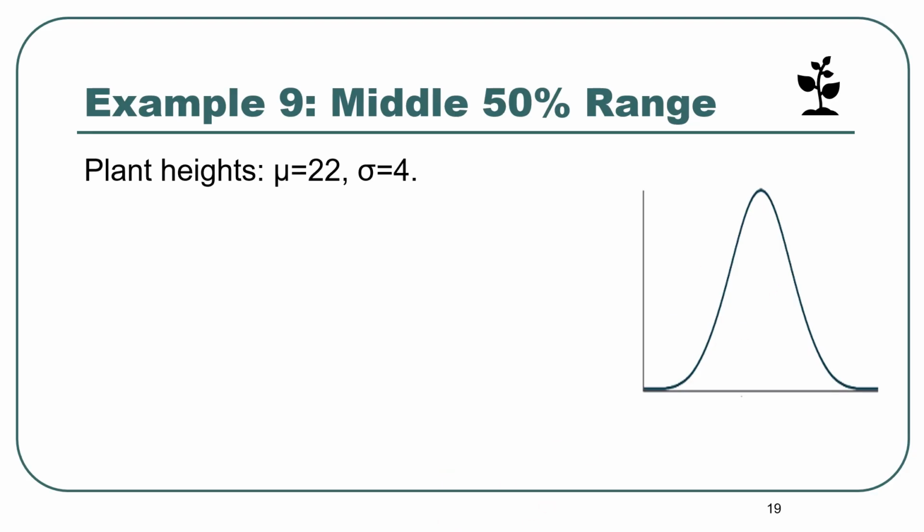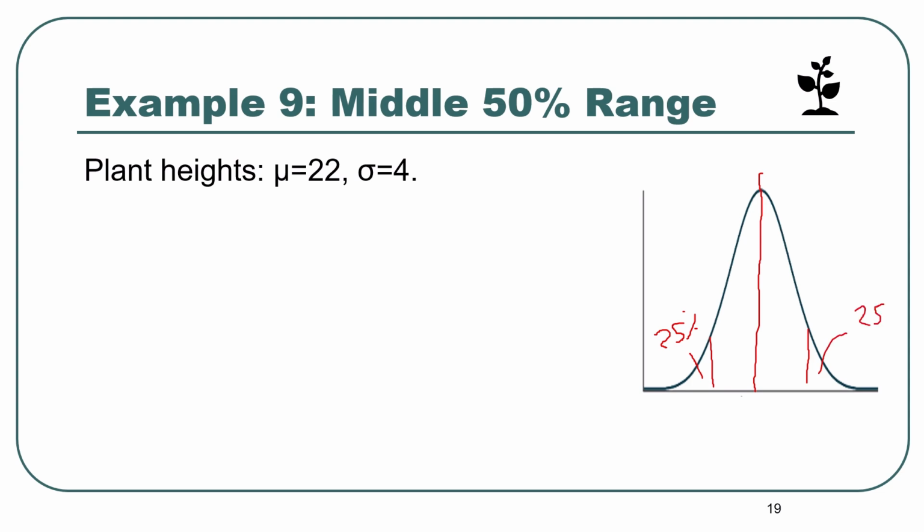To be exactly in the middle 50%, I need to get from the area under the curve 2 pieces, which are the lower 25% and the upper 25%.